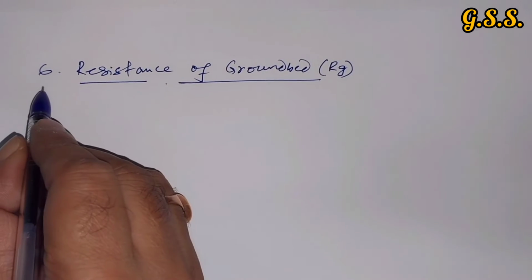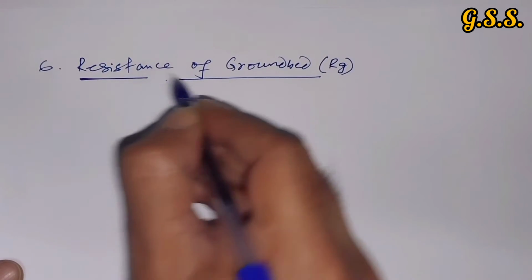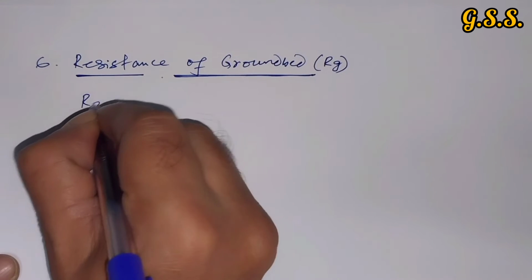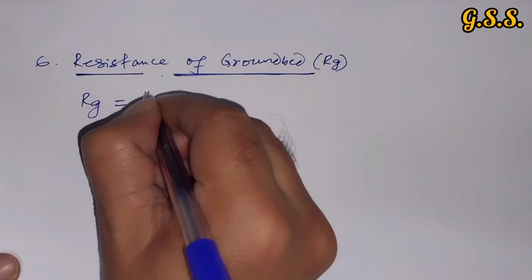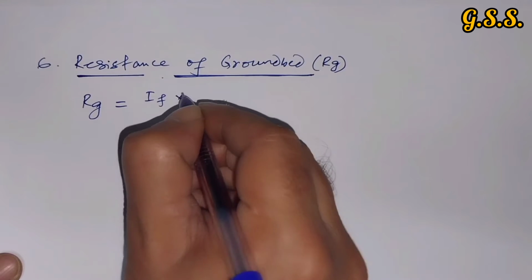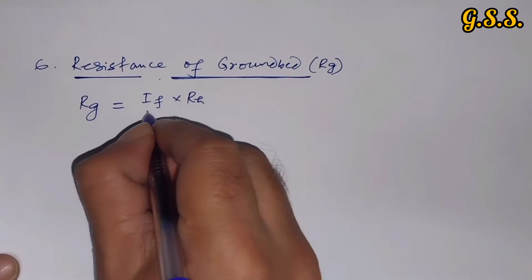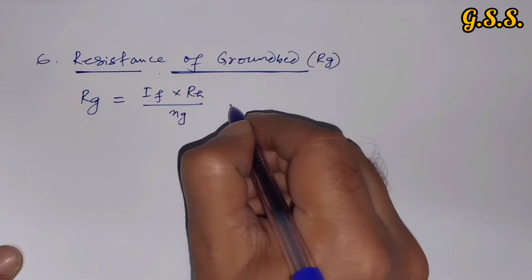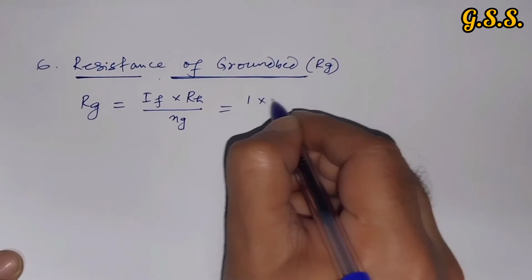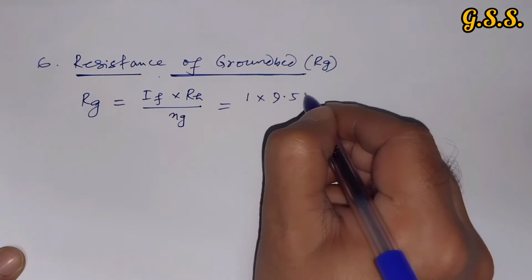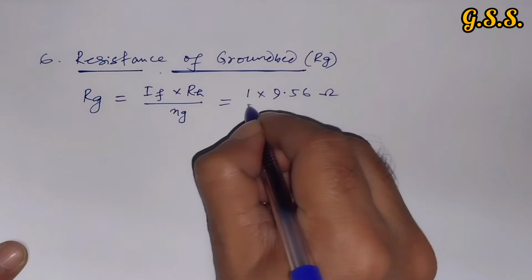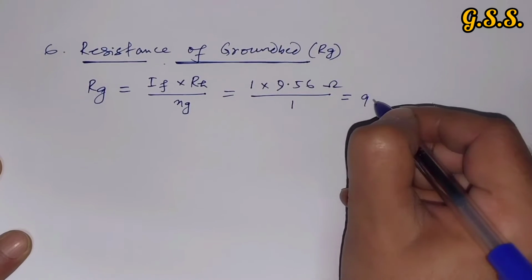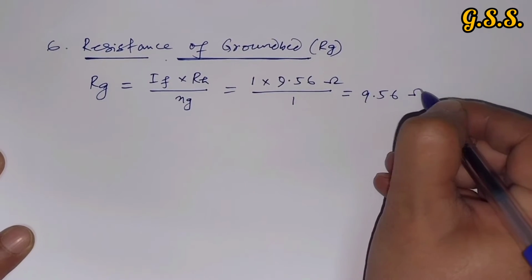Then sixth equation, we have to find out the resistance of the ground bed RG. RG equals IF into RH divided by Ng equals 1 into 9.56 ohm divided by 1 equals 9.56 ohm.